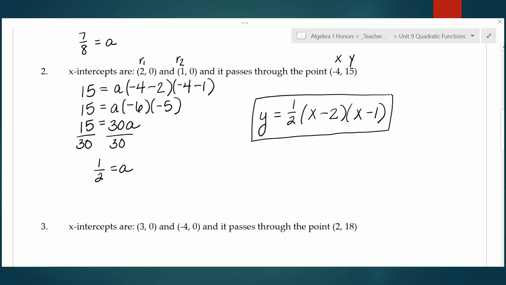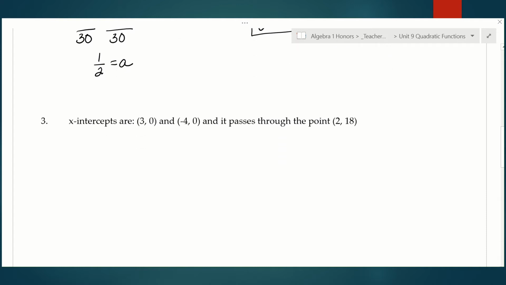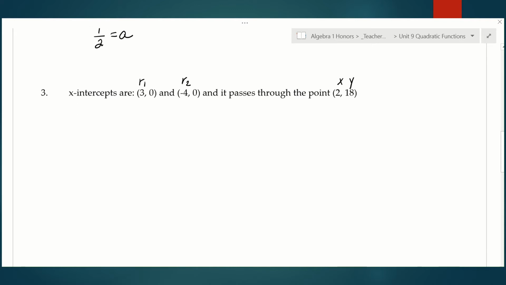All right, so number 3, we have x-intercepts being 3, 0 and -4, 0. So there's my root 1 and root 2, and it passes through the point 2, 18. So there's my x and y. All right, so y equals 18 equals a times x is 2, so 2 minus the first root, which is 3, times 2 minus the second root, which is really 2 minus -4, so that's going to be 2 plus 4.